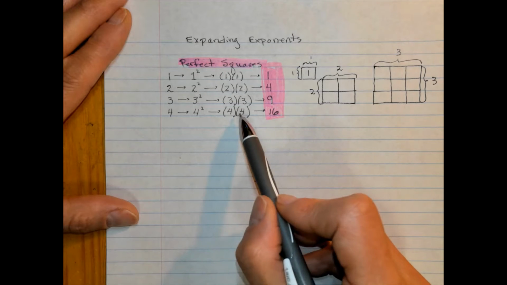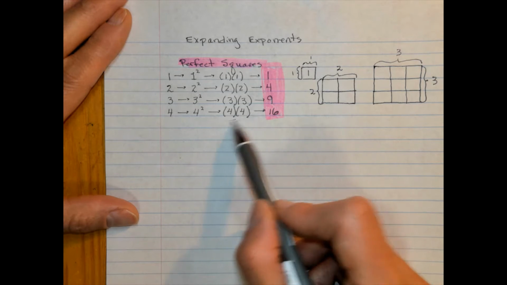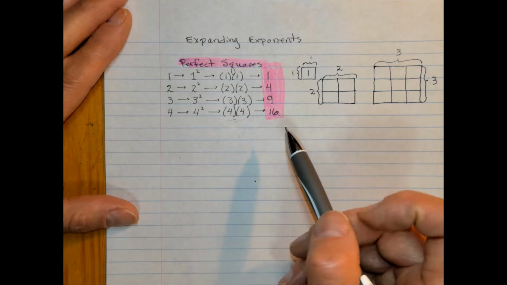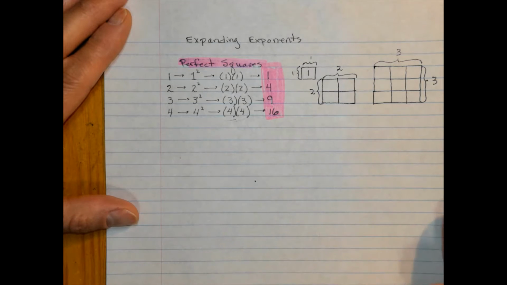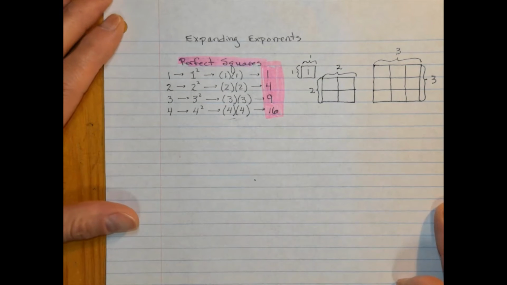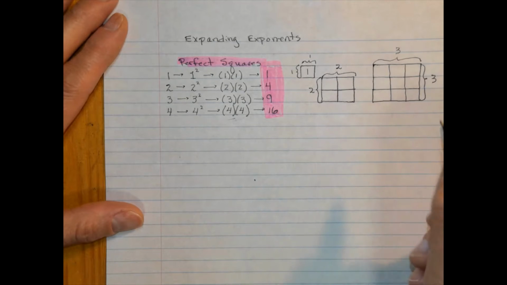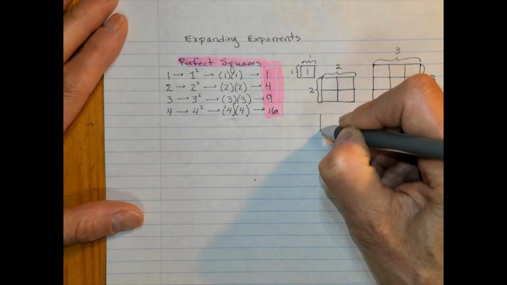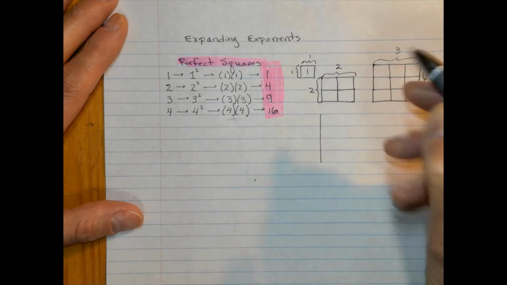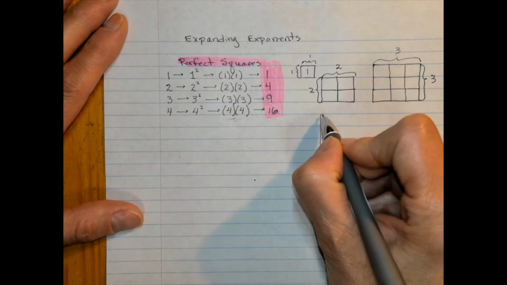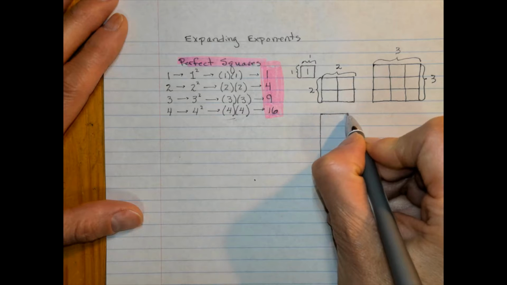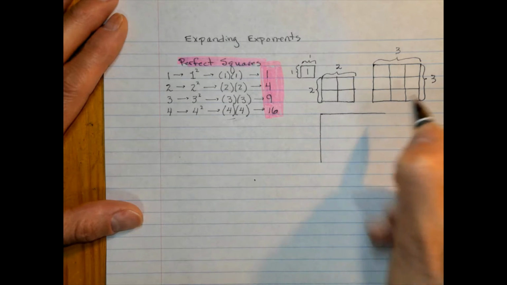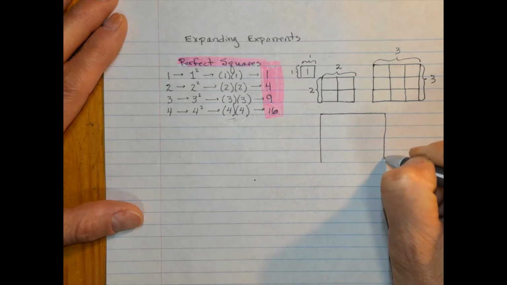Okay, so let's just look at one more because I'm going to use this as an example for what we're doing in our problem, just because I like the number 4. So the same thing with 4, that would mean I would go down 1, 2, 3, 4. So I have a length of 4 and 1, 2, 3, 4, and a width of 4.